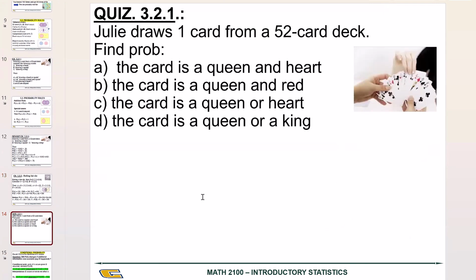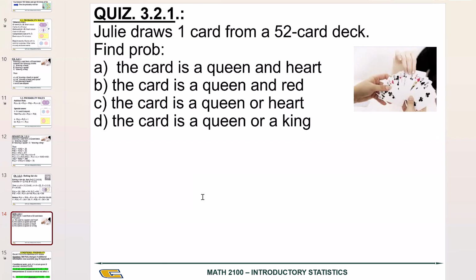So here, let's look at this quiz for a little bit. Julie draws one card from a 52 card deck. So the same thing, we use a card example because it's simple and everyone knows that.